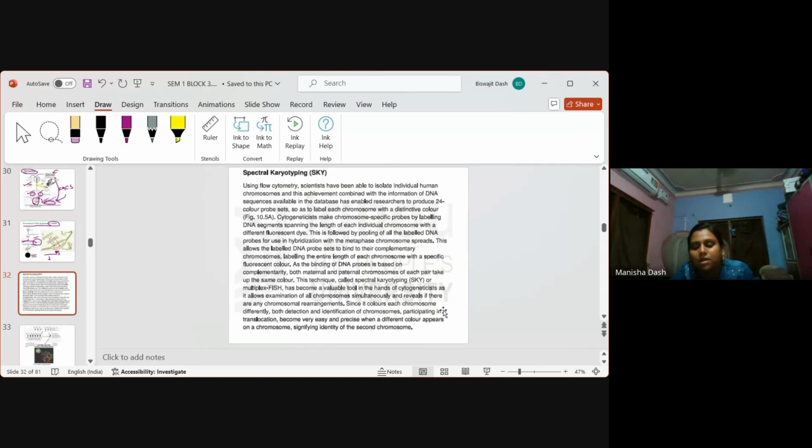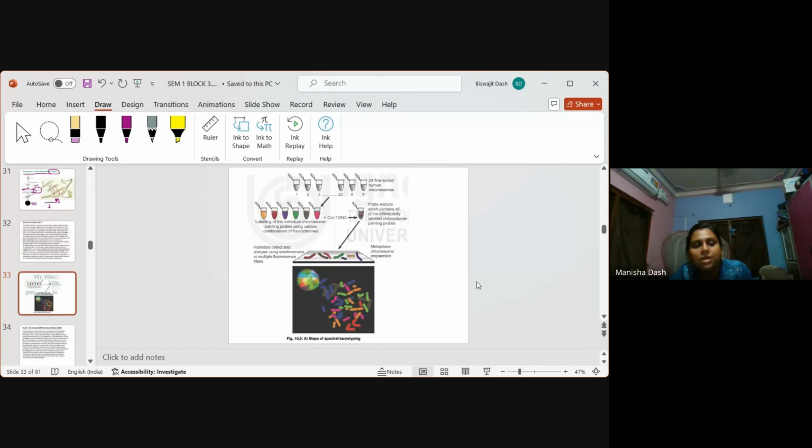Then there is another technique called spectral karyotyping. This is more interesting, because here you are using 24 different types of fluorescence label tags for 24 types of human chromosomes.